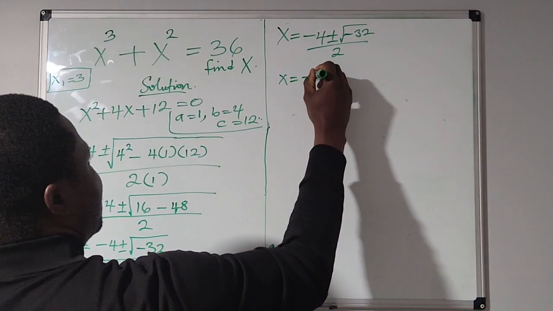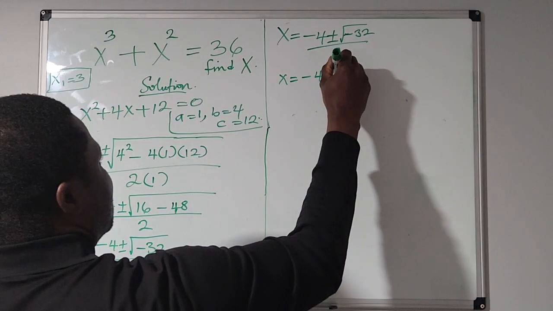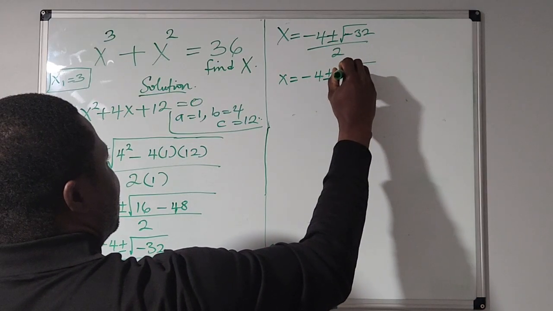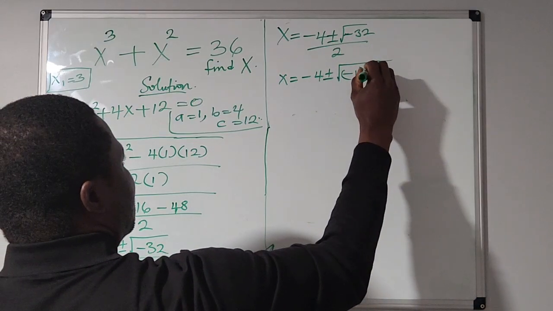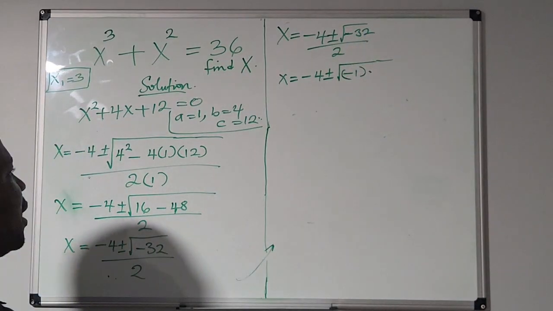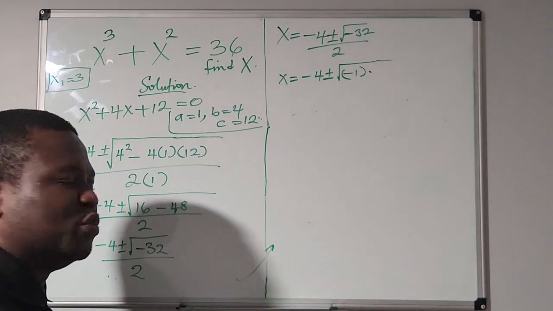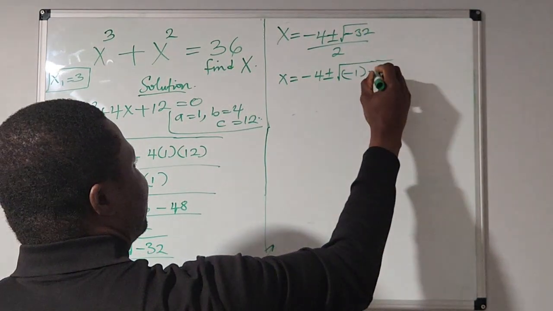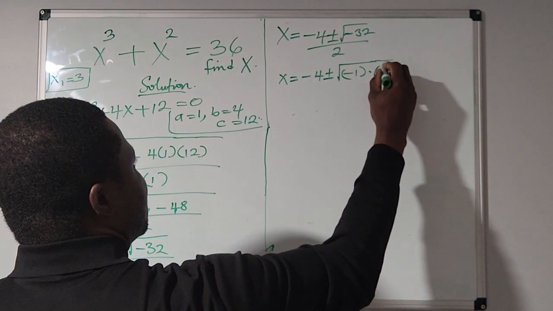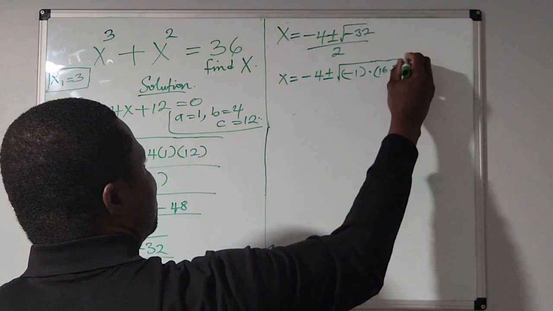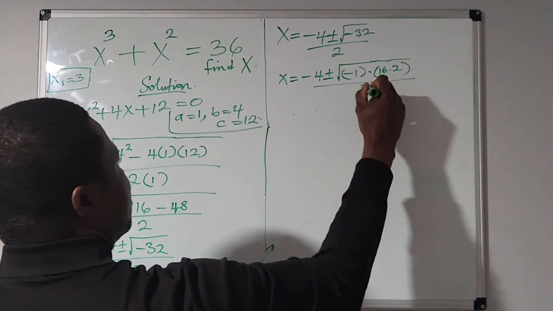And we'll rewrite this as minus 1. 32 is the same thing as 16 times 2. So we have 16 times 2 divided by 2.